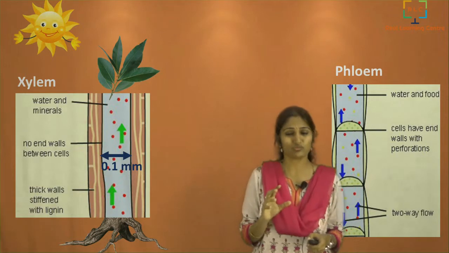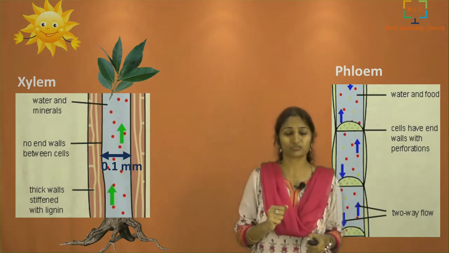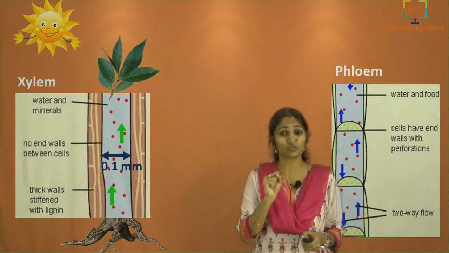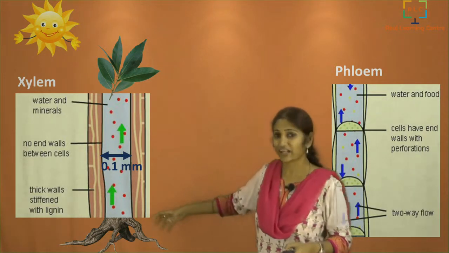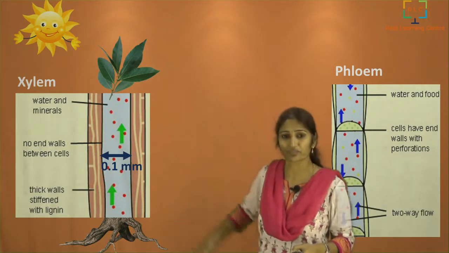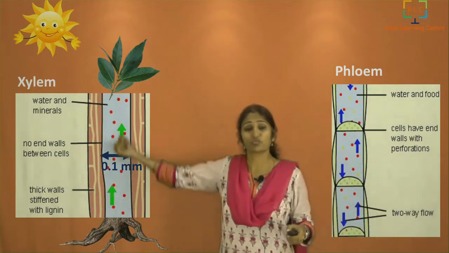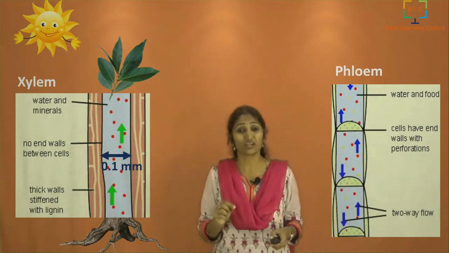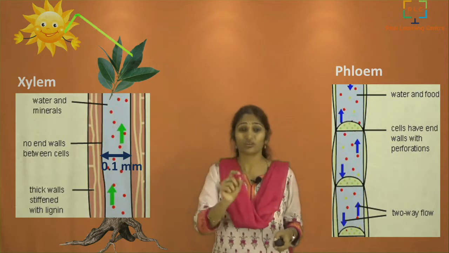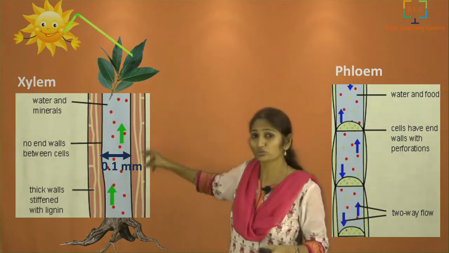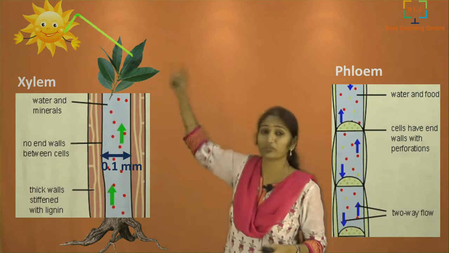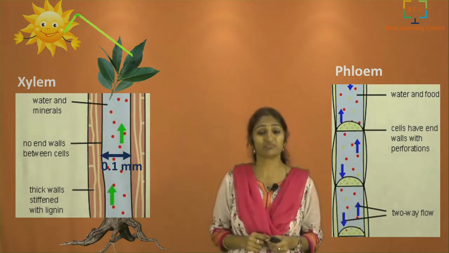Sun is very smart because he likes to drink water from the plants. So what he does is he keeps sucking water from these small pipe-like structures, just like how we suck juice from a straw. Sun also sucks water from the leaves that are there in the xylem vessel.